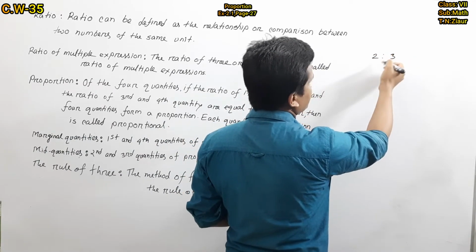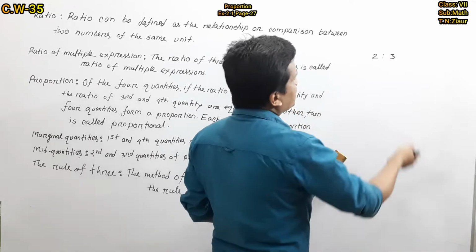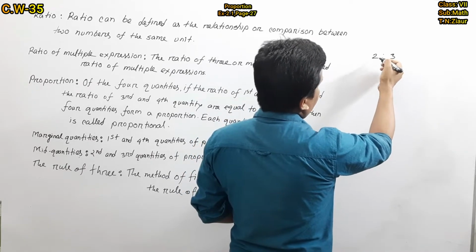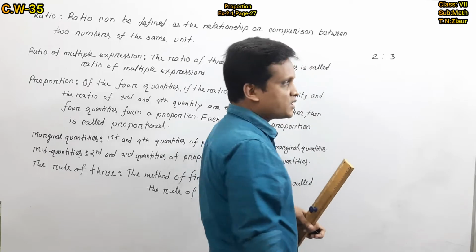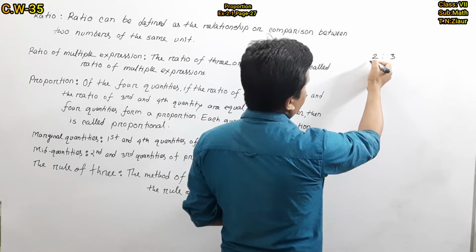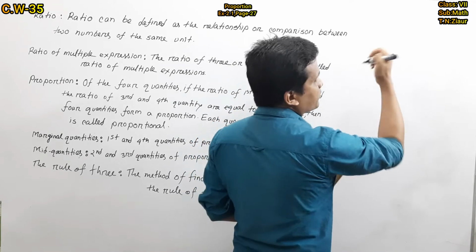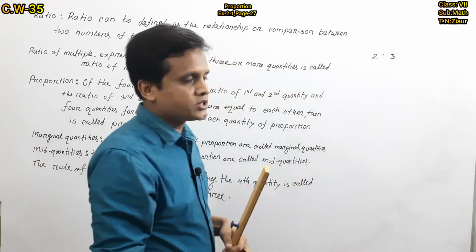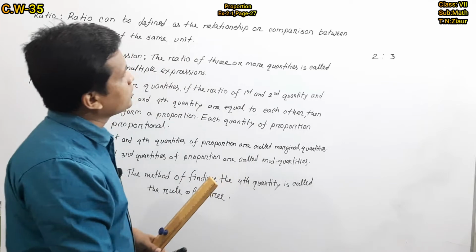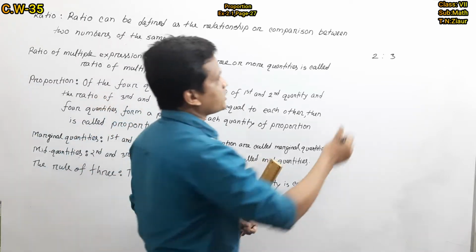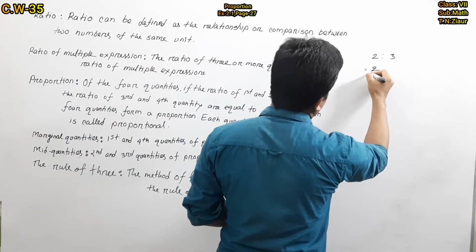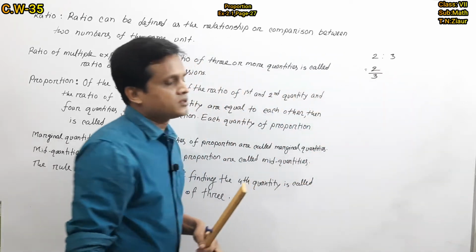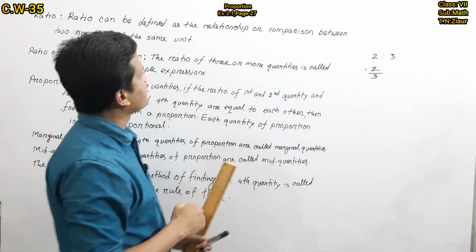If it is centimeter, this one will be centimeter also. If it is taka, this one will be taka. If this is the teachers' number, this one is the boys' number. That means this indicates the quantity of the numbers. So this is called ratio. We can write this ratio like this, 2/3.